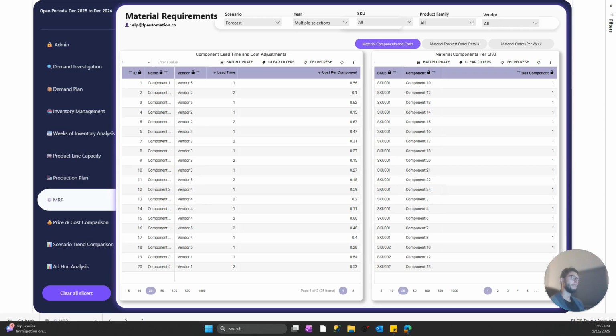Welcome to part 5 of our multi-part series on sales and operations planning within the Microsoft Fabric and Acterys ecosystem. In our previous video, we talked about the production planning process and how constrained demand can be adjusted based on production line capacities, and the options that the supply team has when it comes to either wholesaling, transferring, or producing in-house, or potentially having to bring in additional users for overtime to meet that production demand.